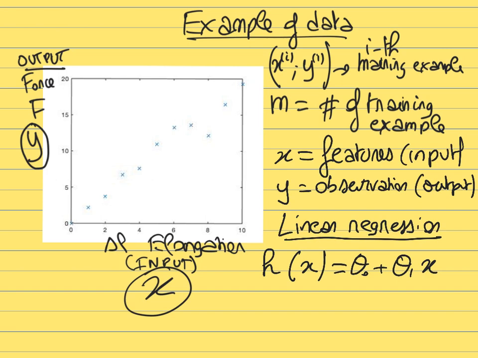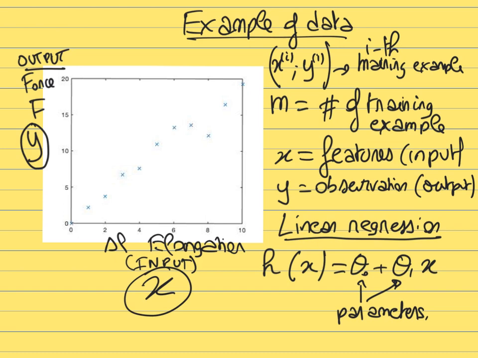It's the value of the hypothesis, the predicted output when x is equal to 0. So in the case of a linear model, you have two parameters. Theta naught and theta 1 are the parameters of the model. As a reminder, theta 1 is just going to be the slope.